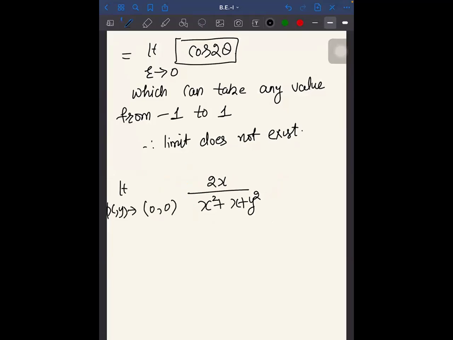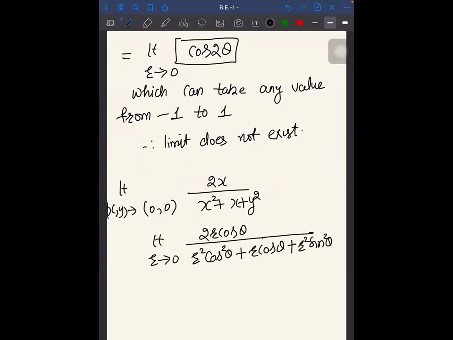Yeah, is it okay? So now if you take x to be r cos θ and y to be r sin θ, let's make the expression again: 2r cos θ upon r² cos² θ plus r cos θ plus r² sin² θ. So this becomes limit r goes to 0, 2r cos θ upon r² cos² θ plus r² sin² θ, which will be transformed to r² plus r cos θ, right?